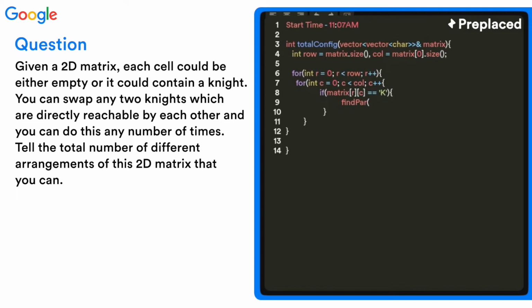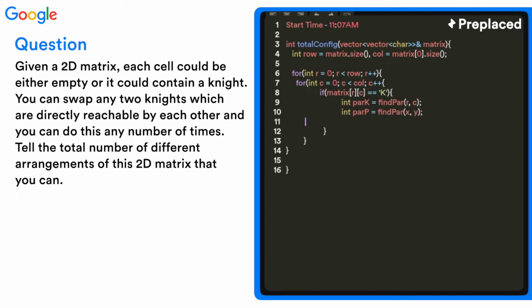So I'll be passing R and C, and I'll be getting the parent for the present one. And I can also get the parent for all 8 positions. Let's say parent P is equal to find pair of, we have those positions already, so that will be x comma y.